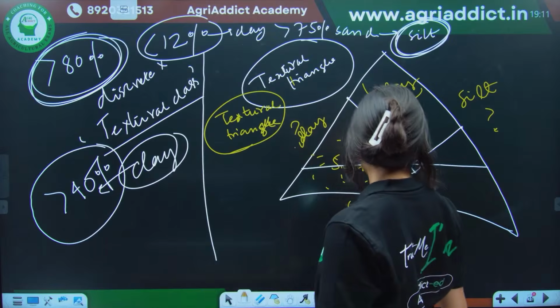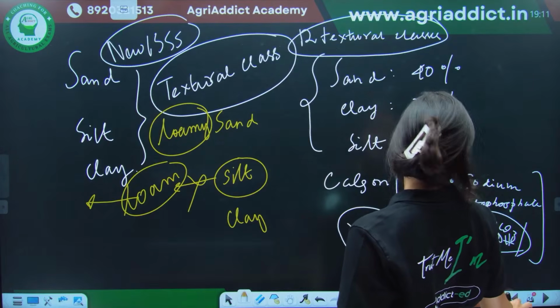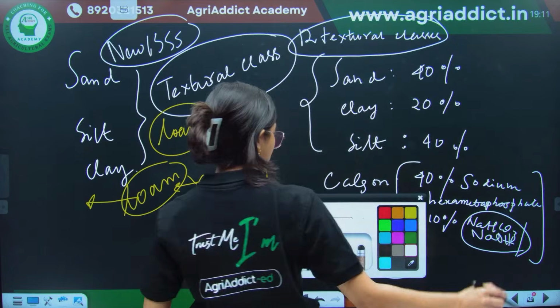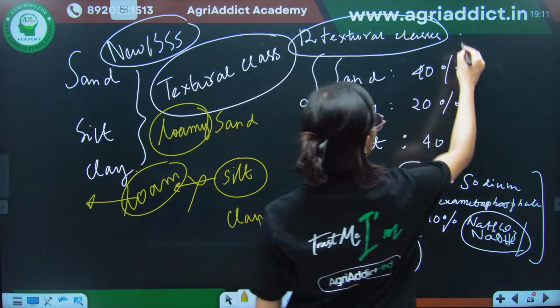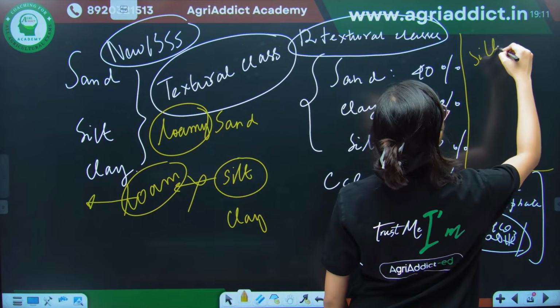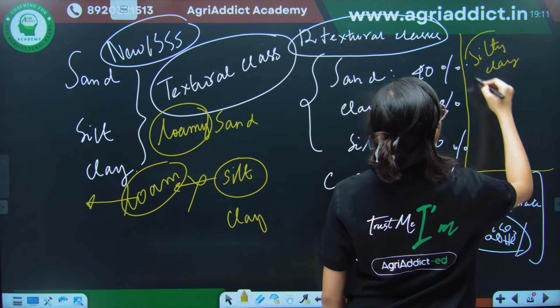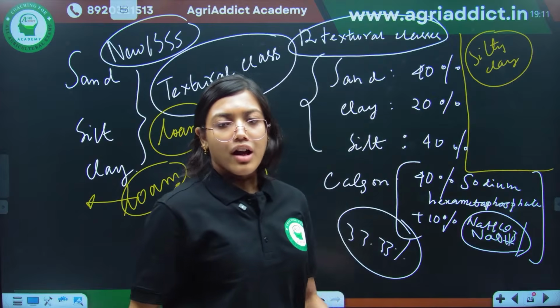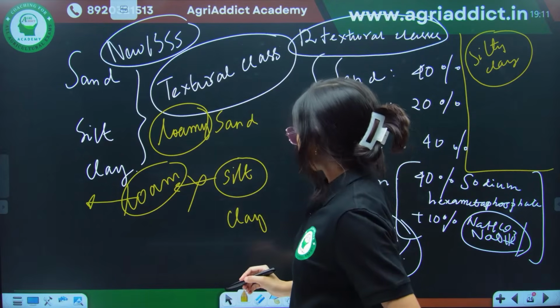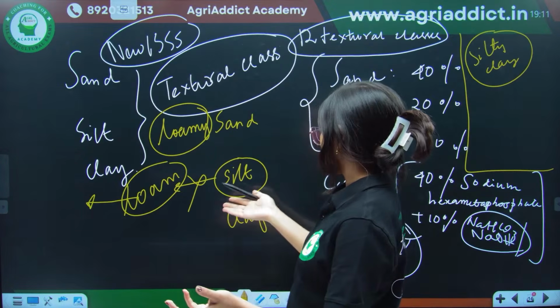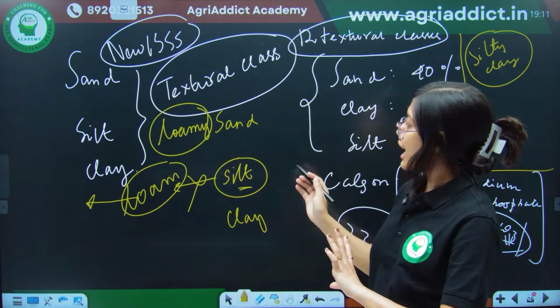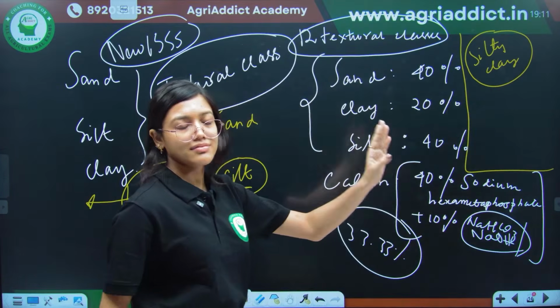But there is another catch. Suppose I have taken a particular textural class to be silty clay. Okay, let me just clarify one thing. Suppose I have a suffix that is clay and I have a prefix that is silt.